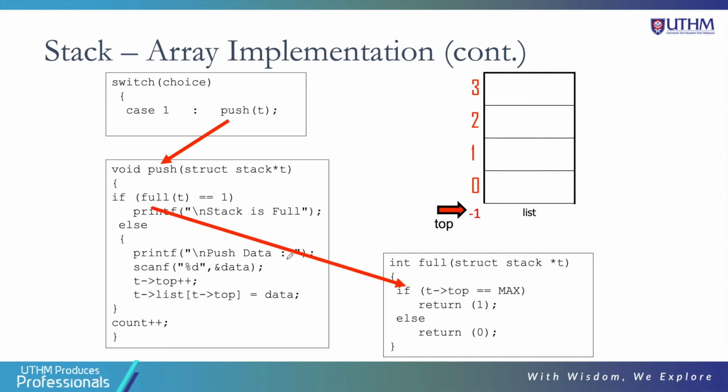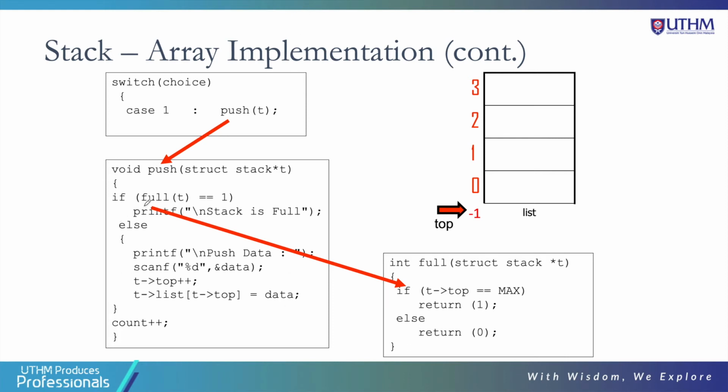Inside the push, we need to verify whether the stack is full or not. Why do we need to verify? Because we want to know whether the stack is full or not full. If it is not full, we can still add some element. If it is full, we can't add any elements.